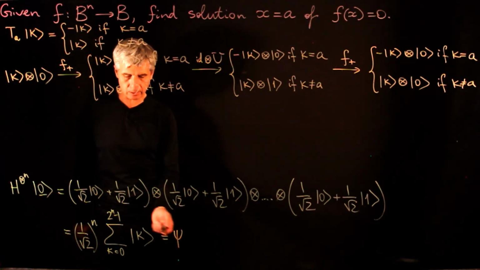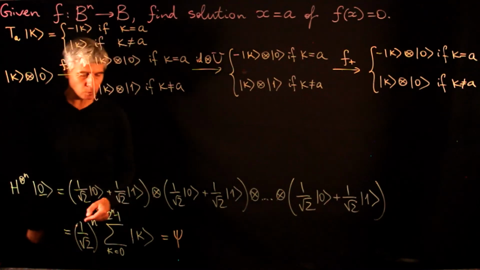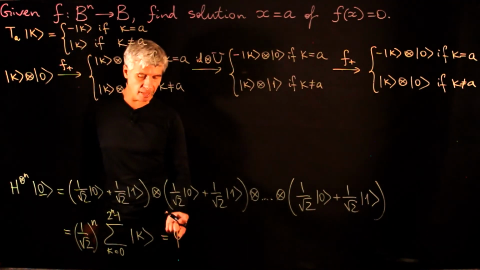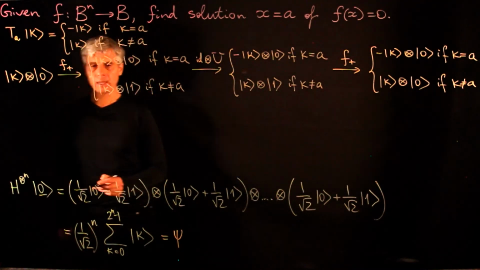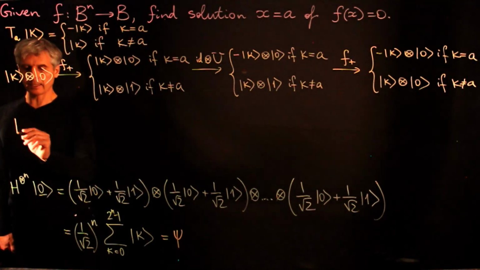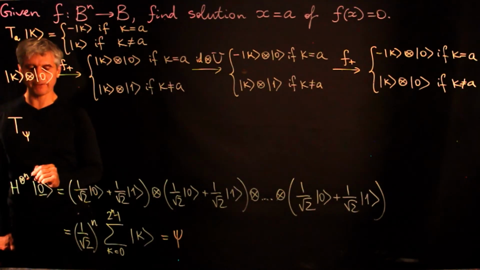So we have this vector that is a superposition of all possible inputs with equal weights. So it's a vector in n-qubit space, which is a unit vector. And so we want to construct a reflection with respect to this vector.